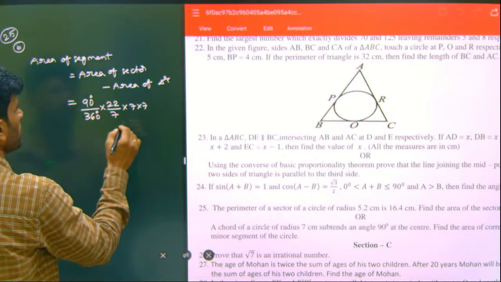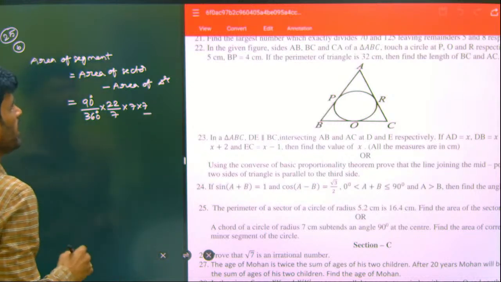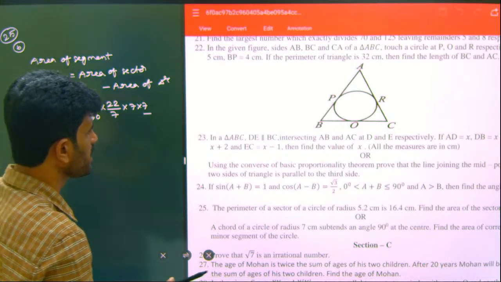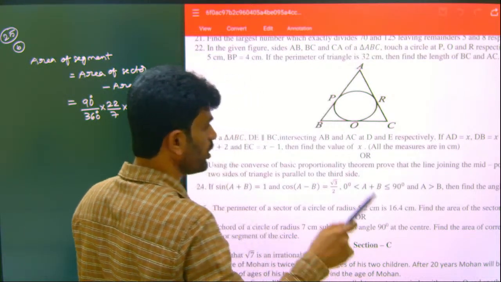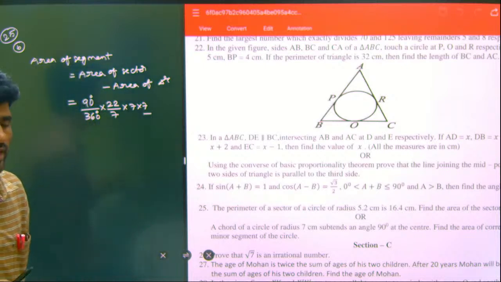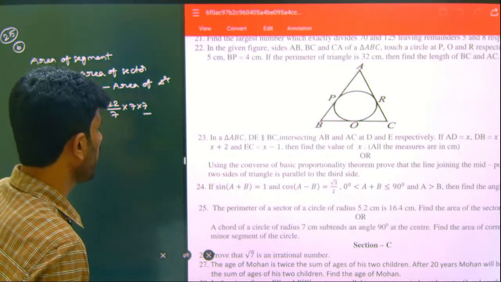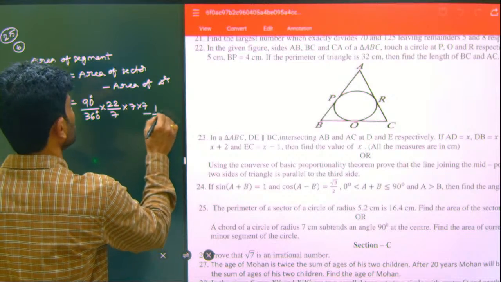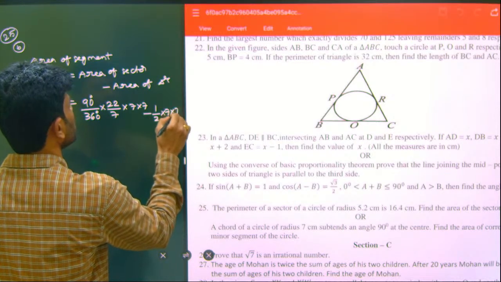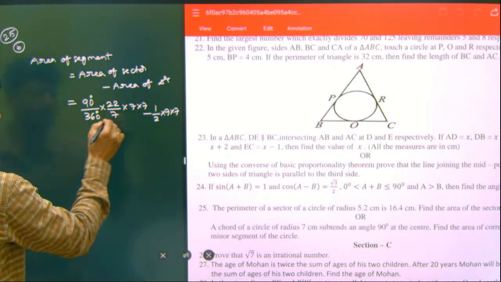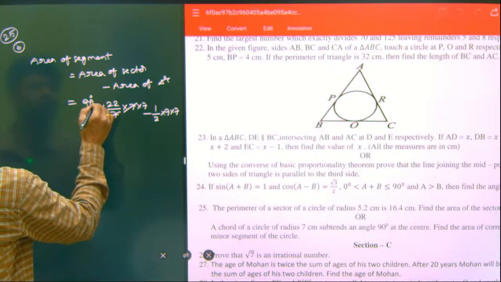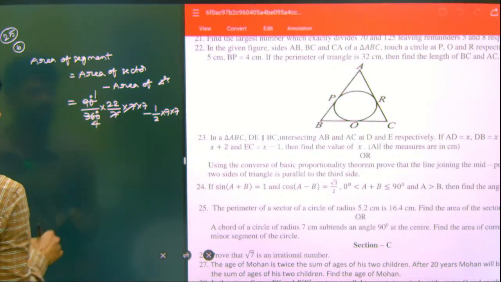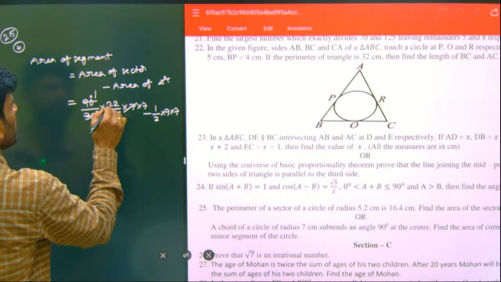and minus area of triangle, because the angle is making 90 degrees. I told you, whenever it is 90 degrees it will become a right angle triangle, and the formula is half into base into height, which is half into 7 into 7. So what happens here? 7 7 cancel, 9 1s are 9, 4 9s are 36, then 2 2s are 4, 2 11s are 22.